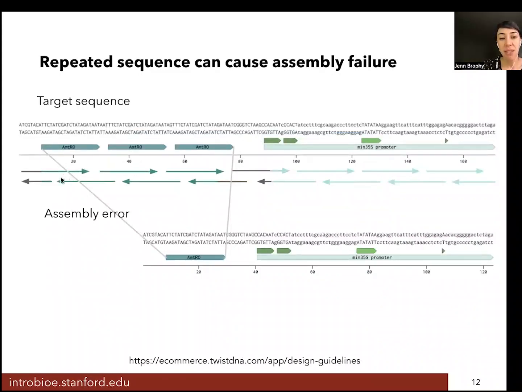You may have designed oligos or short segments of DNA to match each part of a repeated sequence, but the DNA molecules, when they're assembling together, they don't know that you were trying to make multiple copies here. This oligonucleotide is essentially identical to this one, and so you may end up only getting one copy of a region of DNA in which you were trying to make 3.